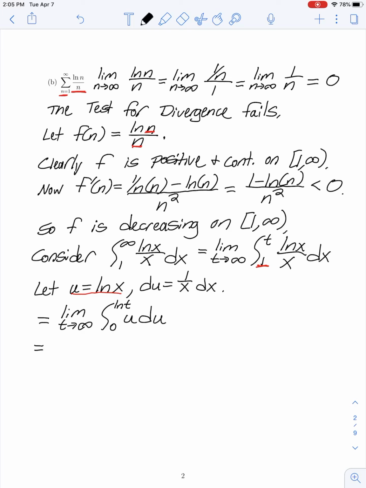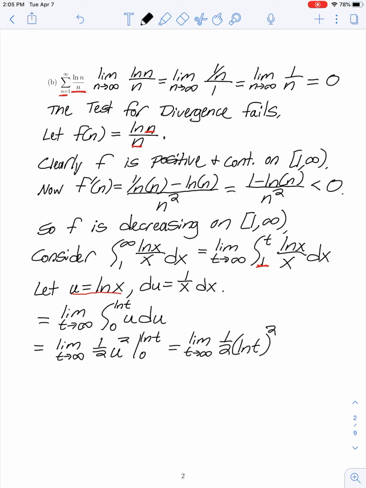So we have the limit as t approaches infinity of, for our antiderivative, 1/2 of u squared evaluated from 0 to log t. So we have the limit as t approaches infinity of 1/2 of the natural log of t quantity squared minus, when we plug in 0 for u, 0.